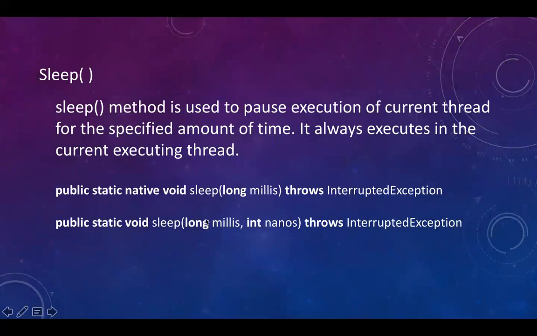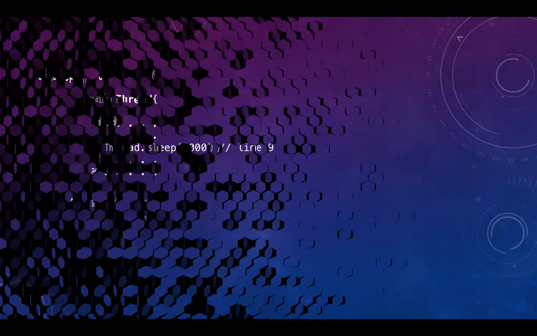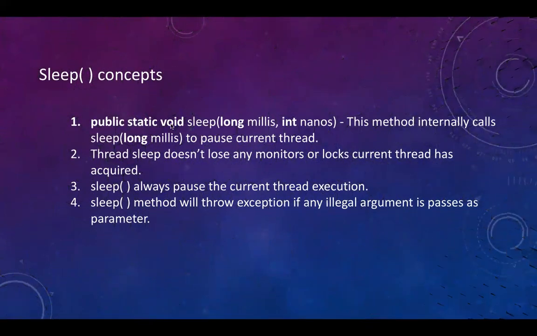This implementation internally uses this sleep method only. That's what we were trying to explain in the first line: this sleep method internally pauses the current execution of the thread.